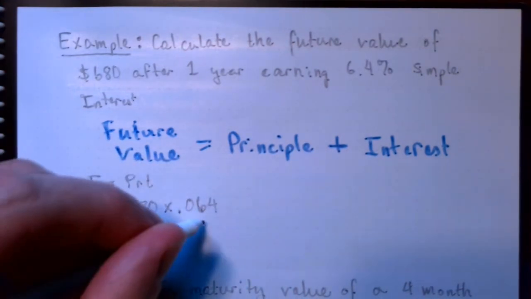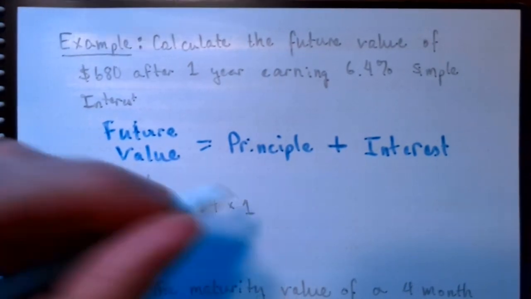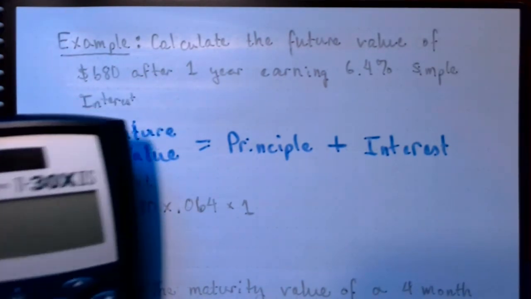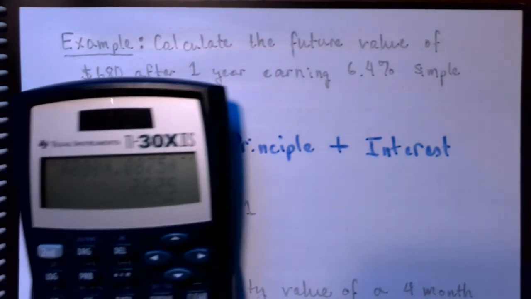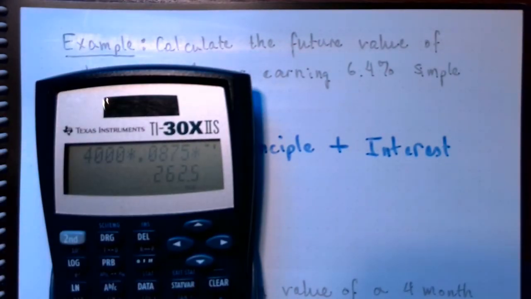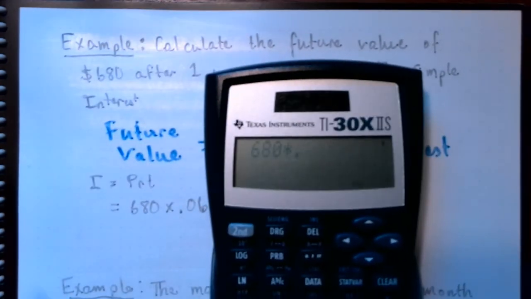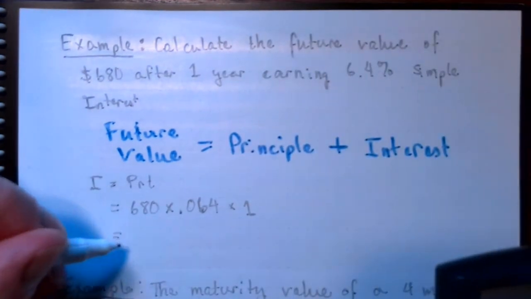So principal times rate times time. That's already measured in years, so we're good to go. So we crunch the numbers in our calculator. 680 times 0.064 times 1. That's not really going to do anything, but I'll put it in anyway. $43.52.